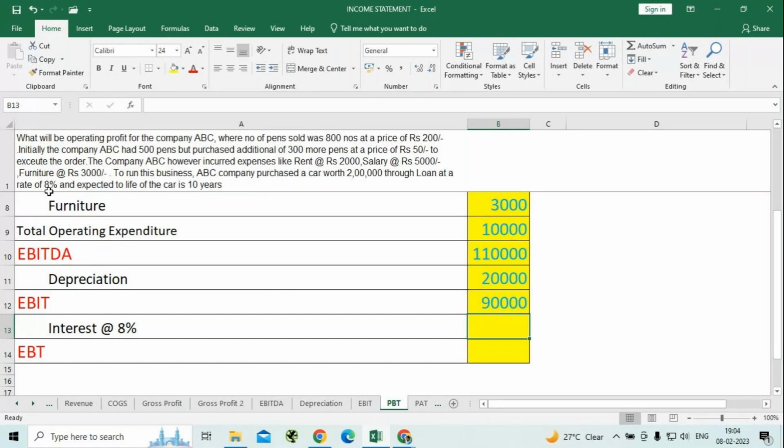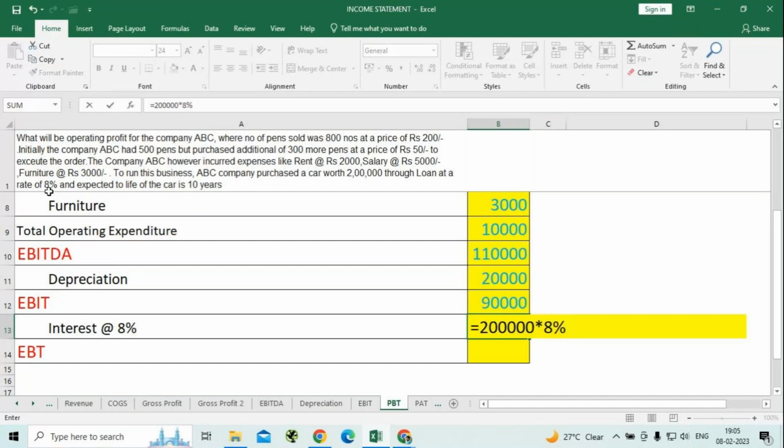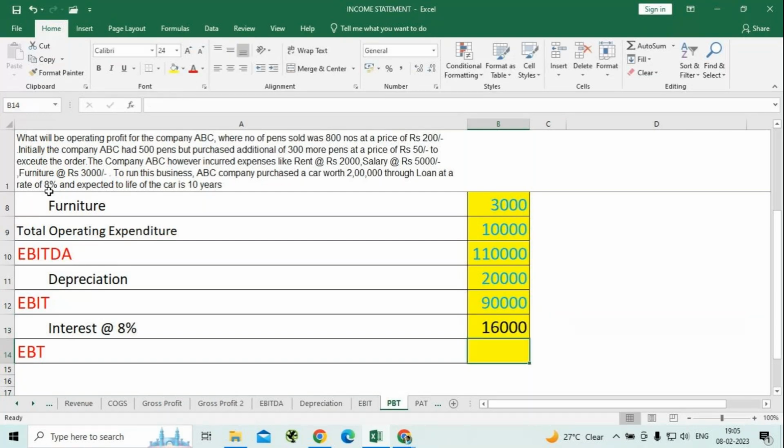So we have to pay the interest amount: 2 lakh into 8%, which comes to 16,000. EBIT minus the interest amount gives you the EBT value, earnings before tax.